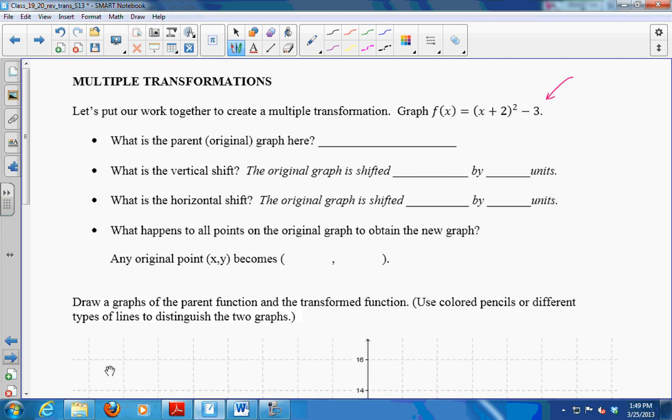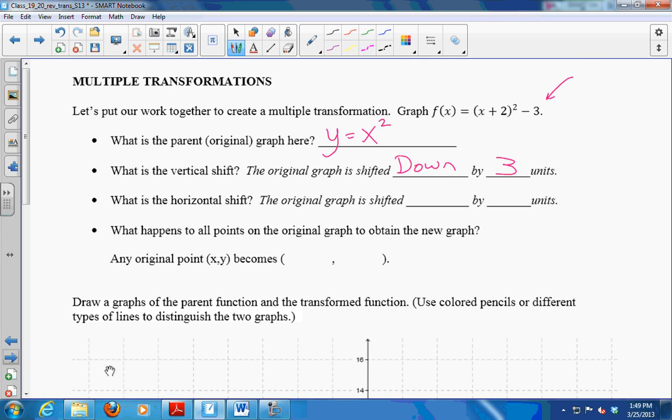Yes, y equals x squared. And then what's my vertical shift? Down 3 units. Yep, the stuff that's tagged on at the end, that's my vertical. So I'm going to shift down because it's negative 3 units.